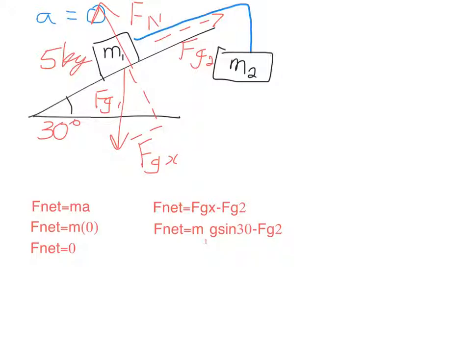So all I did is a substitution of FGX to M1 g sine theta, and in this case, theta is 30 degrees.